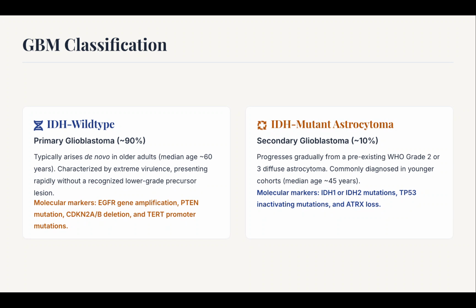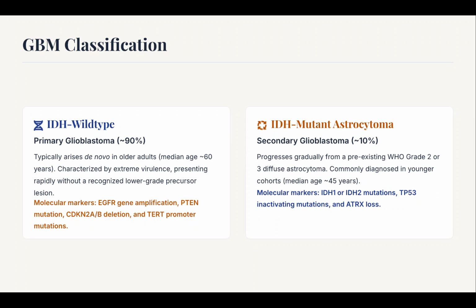Molecular hallmarks in primary glioblastoma are EGFR gene amplification, where EGFR means epidermal growth factor receptor, PTEN mutation, that is phosphatase and tensin homolog gene mutation, CDKN2A/B deletion, and TERT promoter mutation, that is telomerase reverse transcriptase promoter mutation.